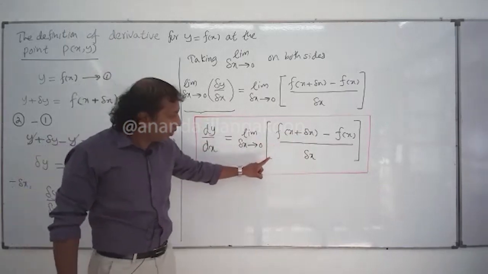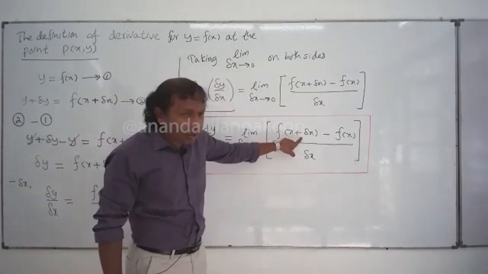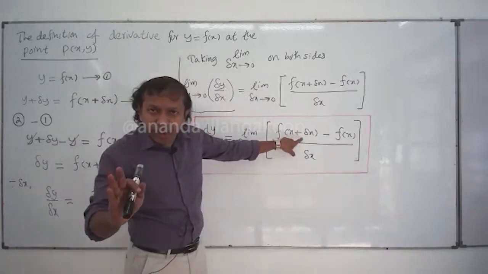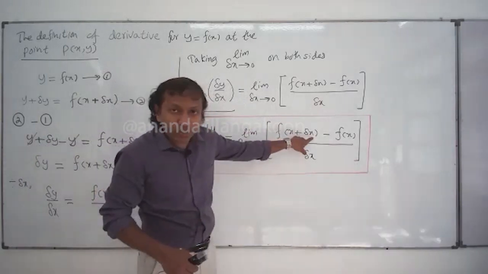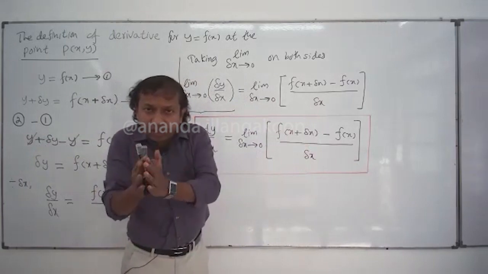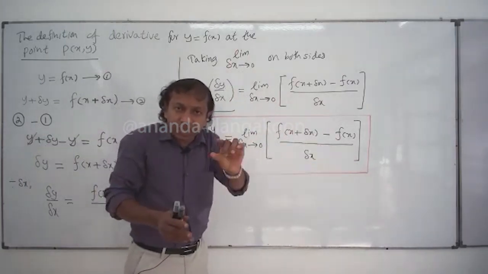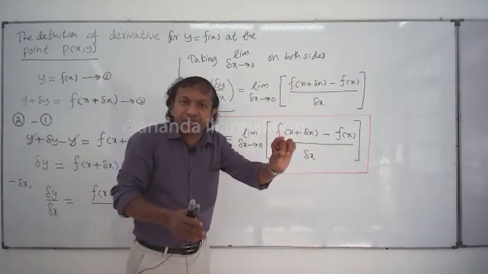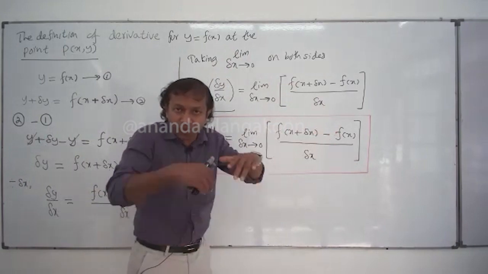Now remember, tell me how to write the part within the bracket. How do we get this one? In the given function, the right hand side, what is this notation f of (x plus delta x)? In the given equation of the graph, go to the right hand side, and for every x you must write x plus delta x. Then what do you get? It is here.